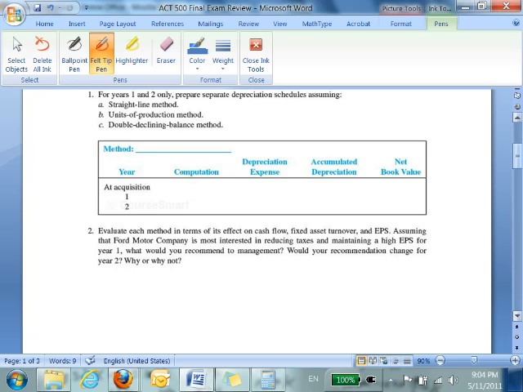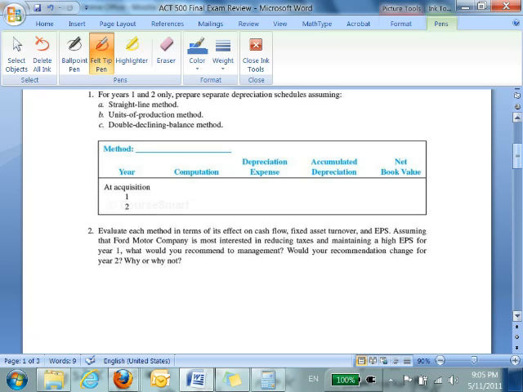Thus, the highest fixed asset turnover during the early years. Again, in the early years, high depreciation expense, low net fixed assets. So we also want to use the double declining method for fast fixed asset turnover.